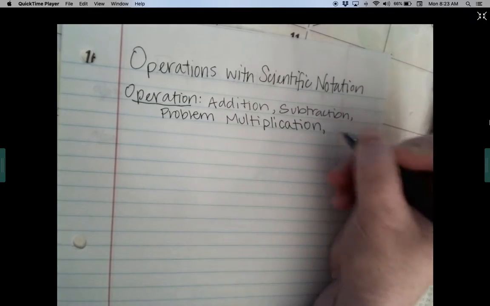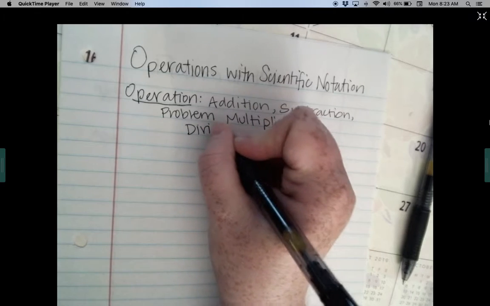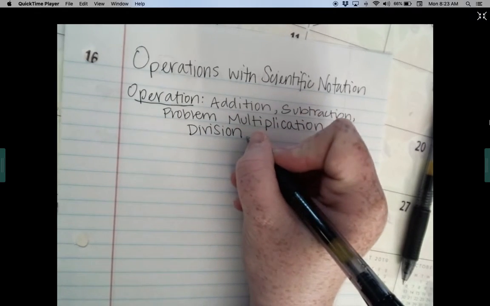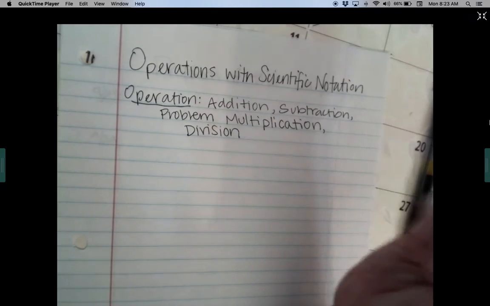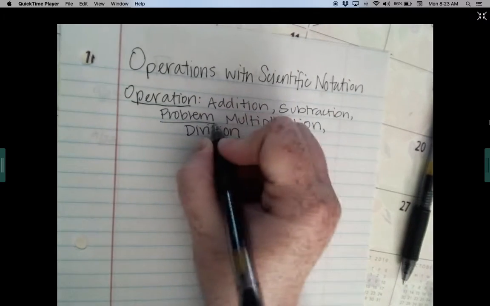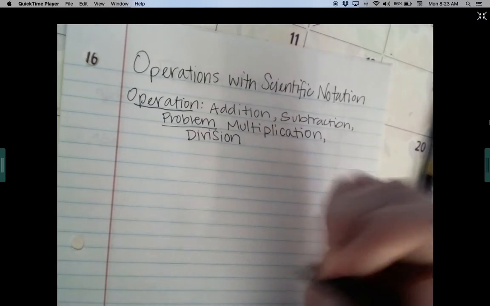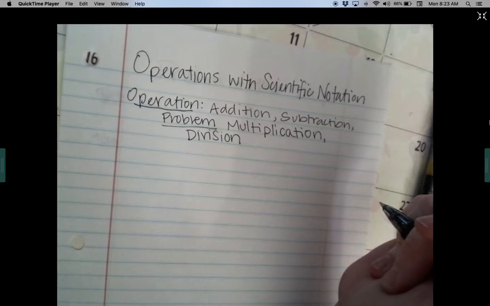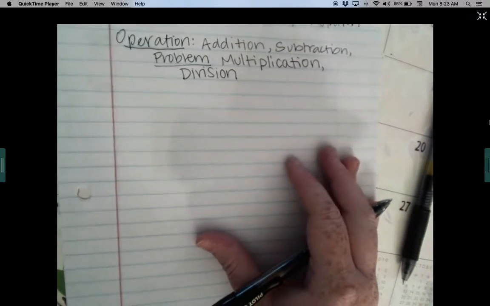Any other ways? Division. So operations are how we change numbers. So we're going to talk about addition, subtraction, multiplication, and division. They're usually written as a problem. The other ways that we can change numbers are like the root of something or the power of something, but we're not going to talk about those today.